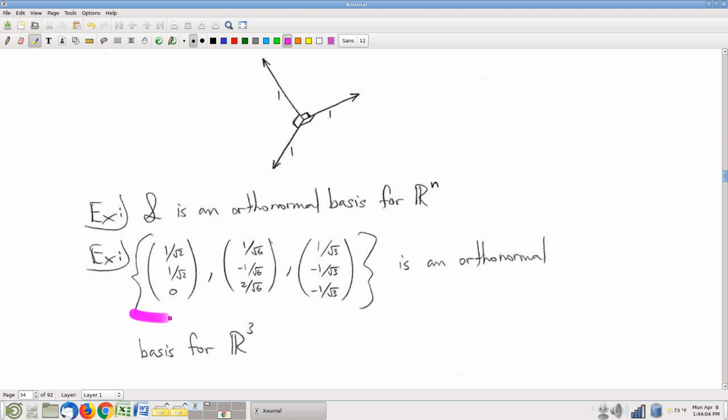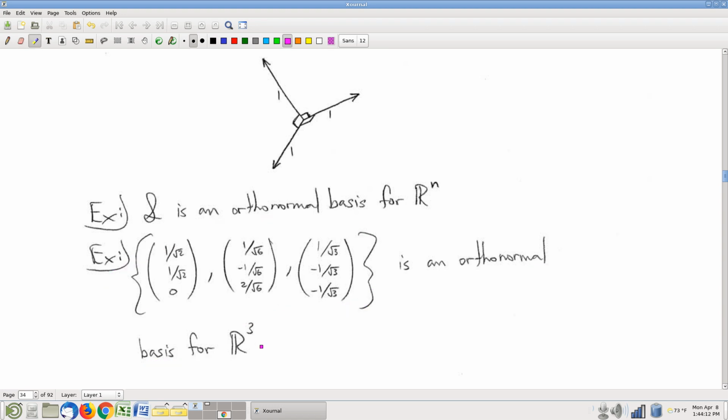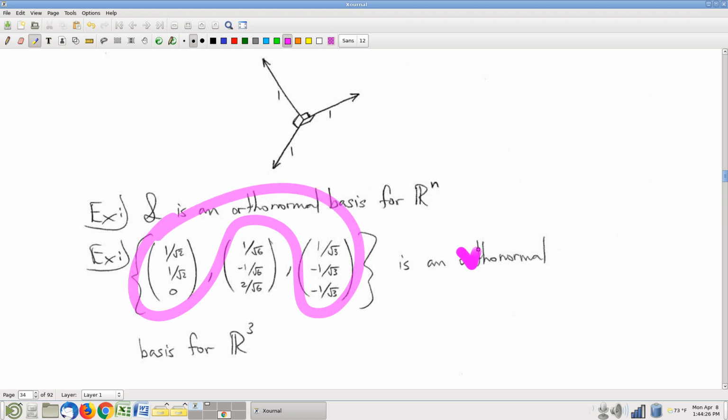Here's a less obvious example. This little trio right here, that is an orthonormal basis for R3. Pairwise, there's 3 different calculations you have to do to check the orthogonality. These are orthogonal. These are orthogonal. Easy dot products. And then also these are orthogonal.